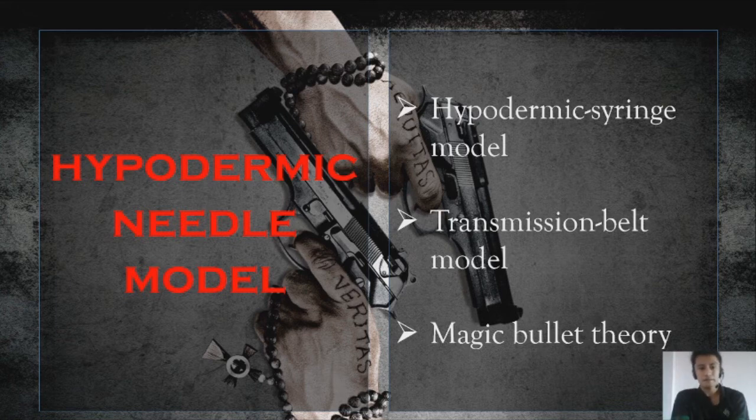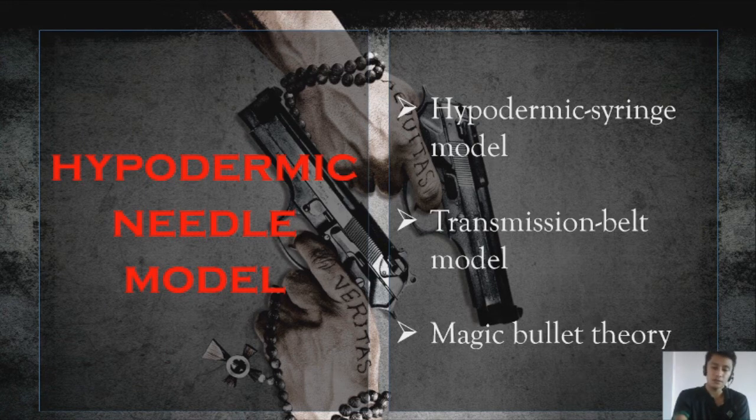With that, please take note that the hypodermic needle model is also called the hypodermic syringe model. Tinatawag din po itong transmission belt model. And the most popular term for this is magic bullet theory.